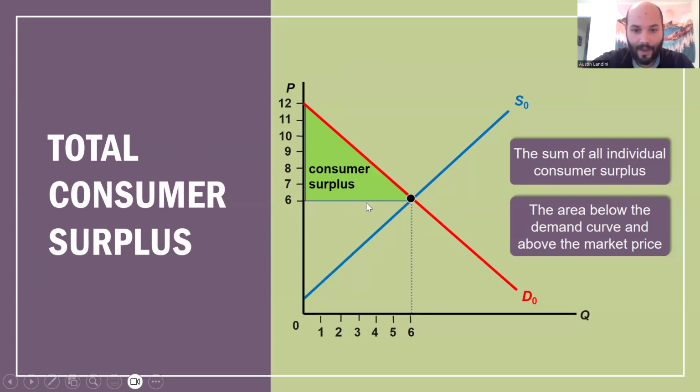And so they get some consumer surplus. Well, down here on the demand curve, these are people who only would have been willing to pay, say, $5 for the product. The price is $6, they don't buy, they don't get any consumer surplus. So only consumers who are willing and able to purchase at the market price and do make a purchase get consumer surplus.